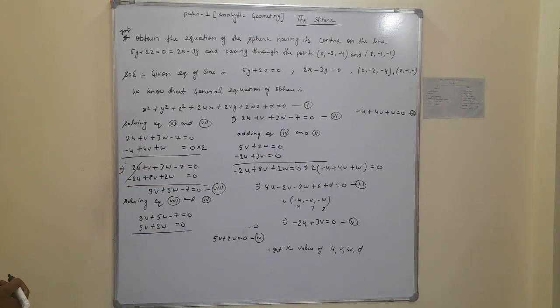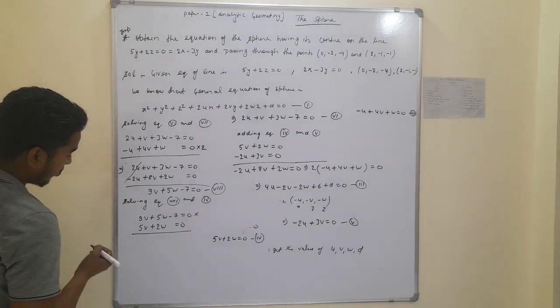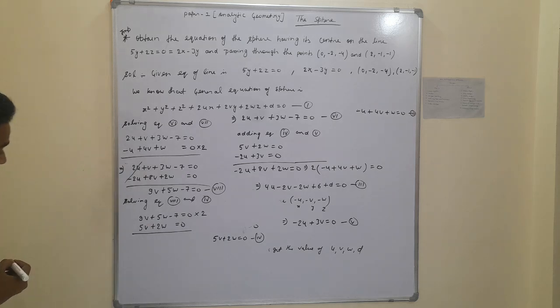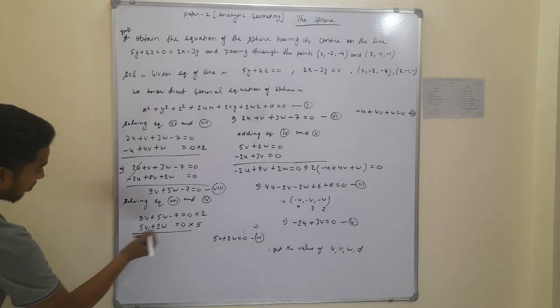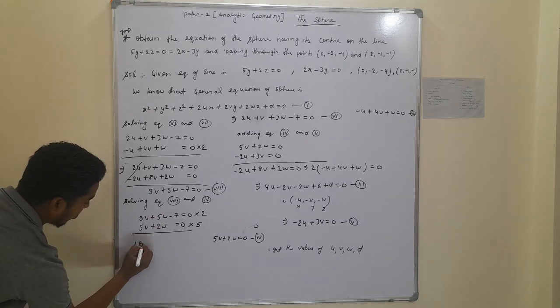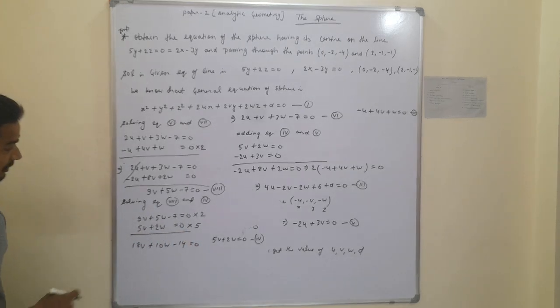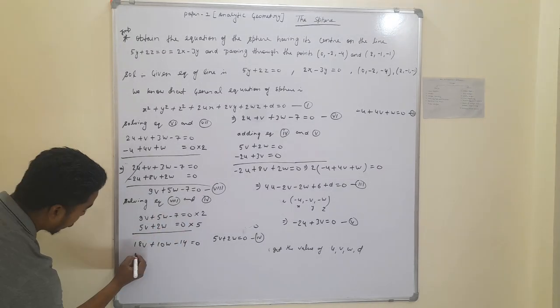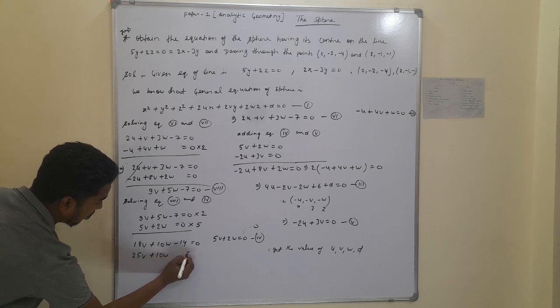here by multiplying. Multiplying equation 8 with 2, and here multiplying with 5. Then the equation becomes 18v plus 10w minus 14 is equal to 0. And on multiplying equation 4 with 5, we get 25v plus 10w is equal to 0.